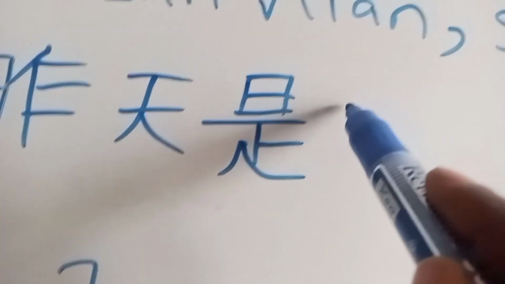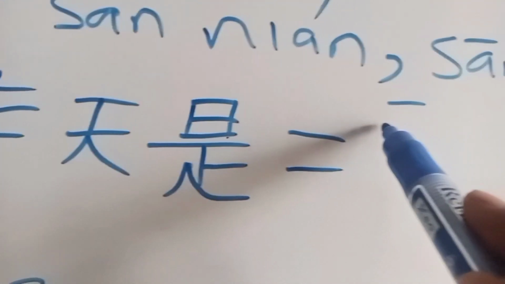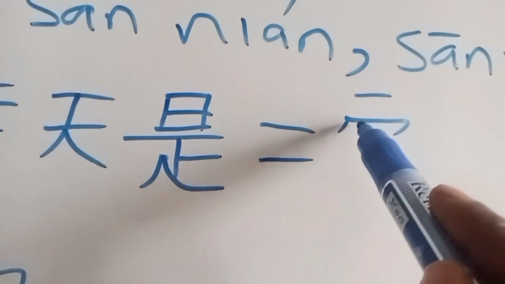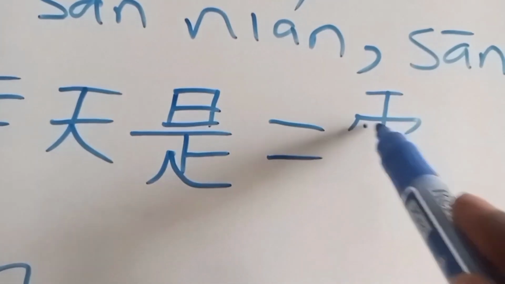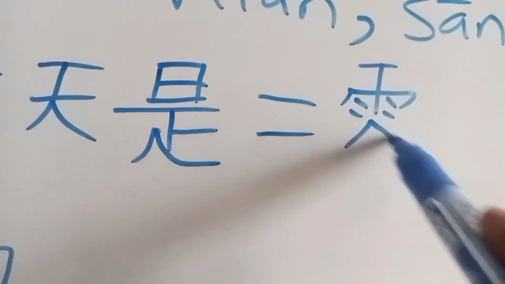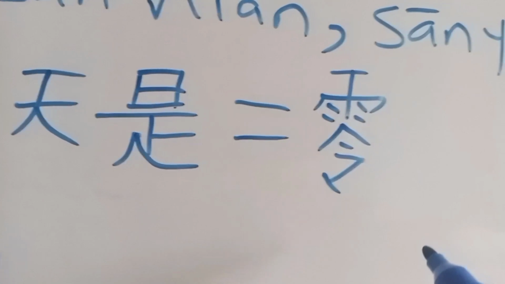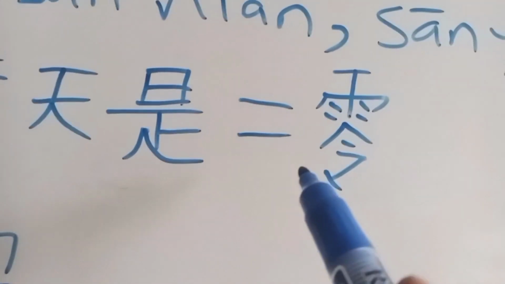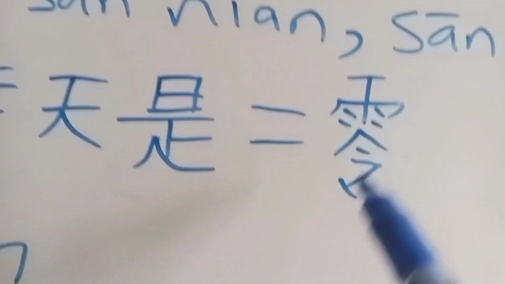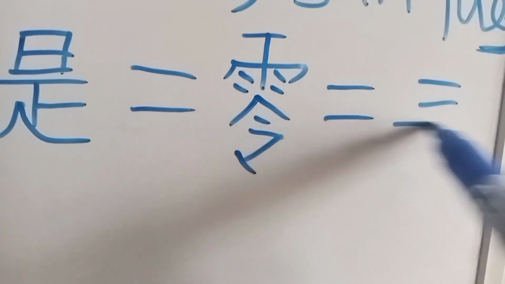Okay, 是20. You remember how we wrote 零? Do you remember 零? I said you do it like this. Do this, then this. This is 零. 零. 三. 年.